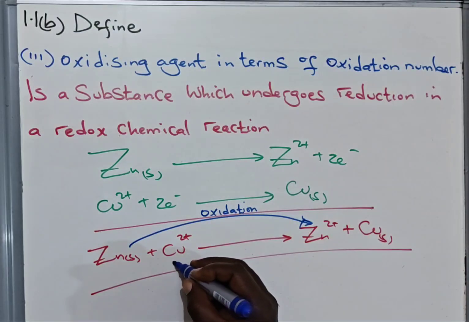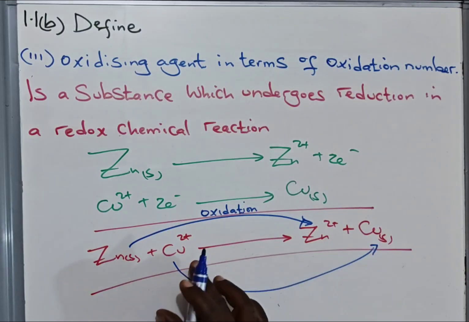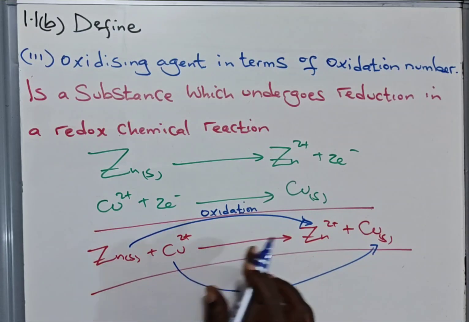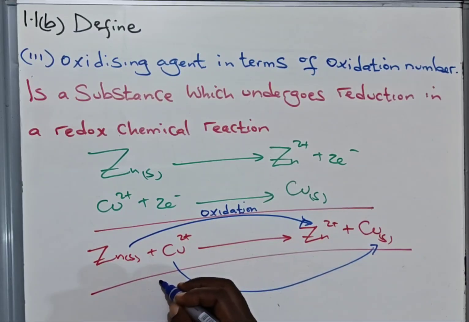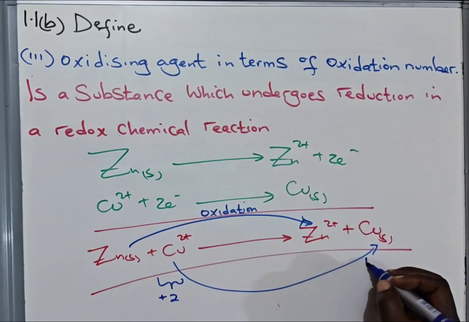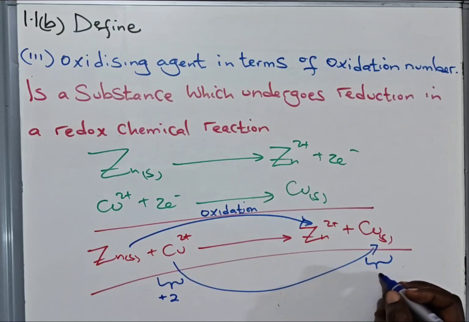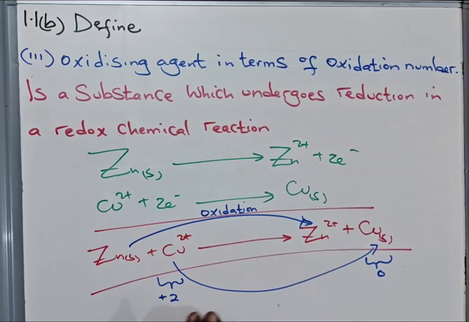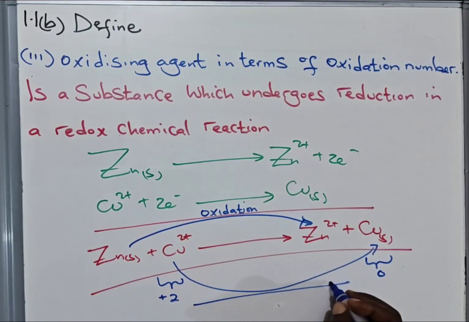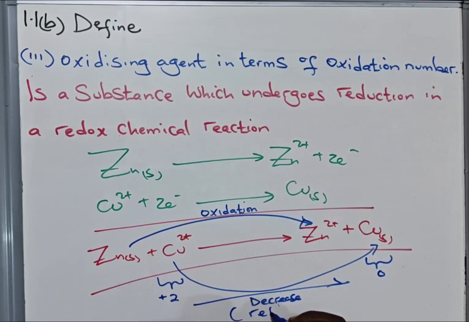Our substance undergoes reduction. So when you look at our copper, it has gone from +2 to 0. Copper 2 plus has an oxidation number of +2, and copper solid has an oxidation number of 0. On the Cartesian plane, +2 to 0 is a decrease, which you call reduction.